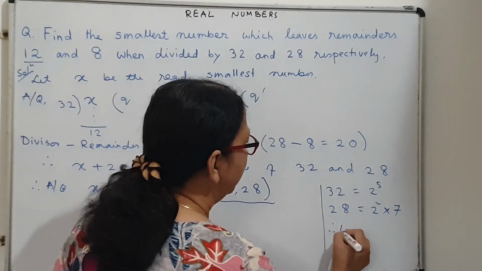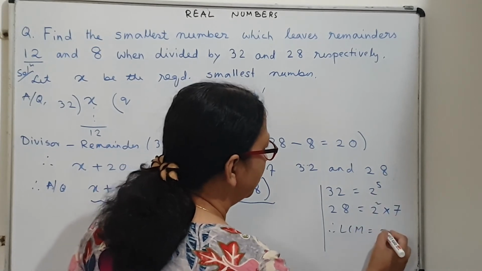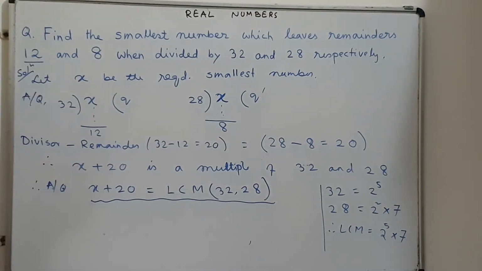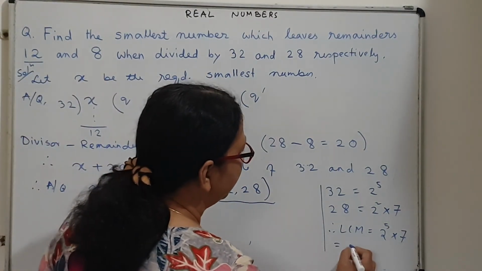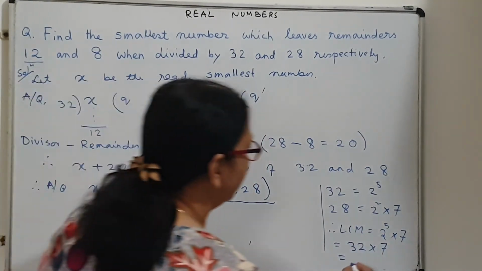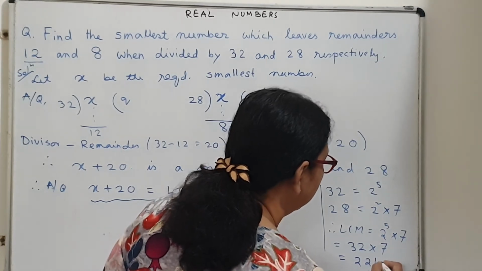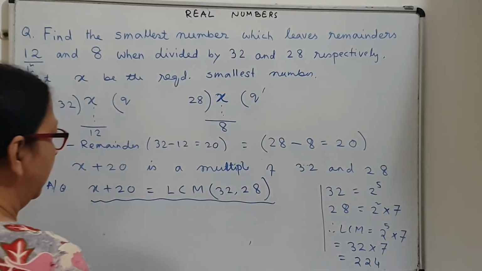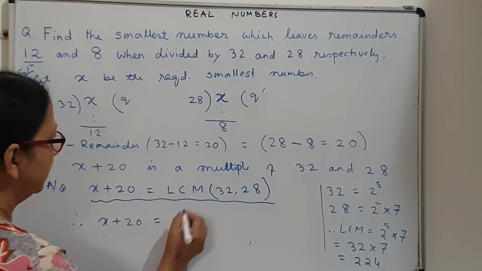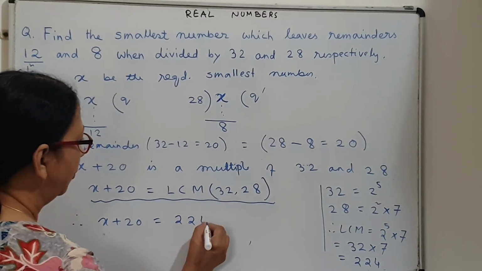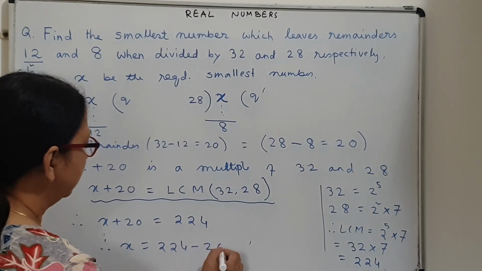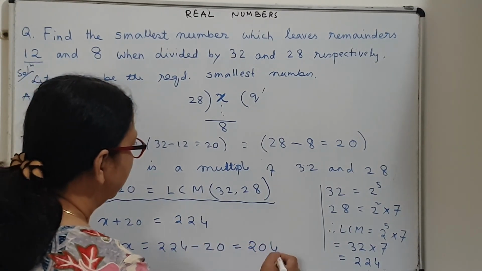So the LCM will be the highest power, 2 to the power 5, and the left out factor 7. 2 to the power 5 is 32 into 7, so if I multiply, it becomes 224. Therefore x plus 20 is the LCM, which I found to be 224. Therefore x is equal to 224 minus 20, that is 204. That is the answer.